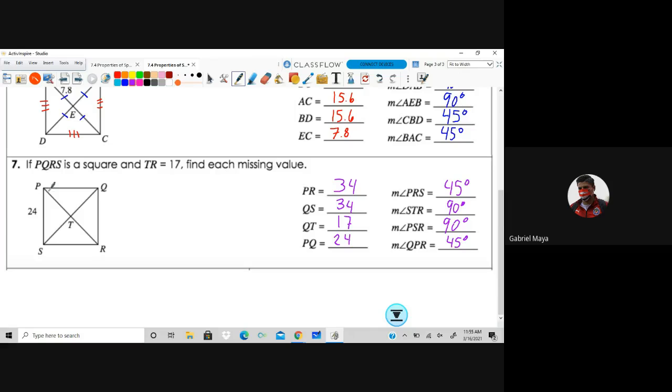Because the diagonal bisects this angle, the entire thing. QPS is being bisected by the diagonal PR. So therefore QPR and SPR are each 45 degrees. Congruent. Together they form 90. They're each 45.